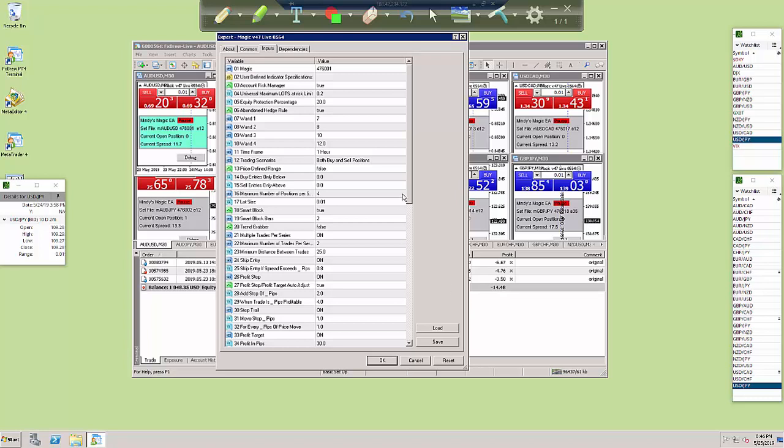Okay, so what this is doing, line 4 of the EA, says universal maximum lots at risk, and then it wants to know your limit. And this is an account that's trading little micro lot trades. So I said I don't want more than 2 mini lots at risk at any given time.